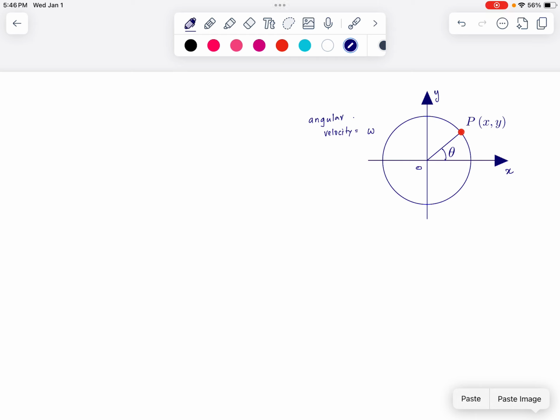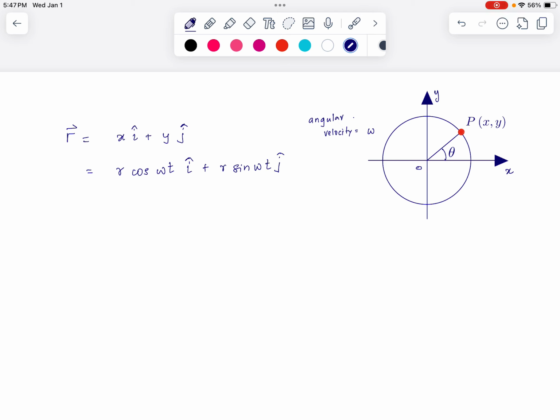So we can use vectorial notation to write the position vector of the point P. The position vector of point P, vector r, is essentially x i hat plus y j hat in vectorial notation, and here x is nothing but r times cosine of omega t, okay, i hat plus r times sine of omega t j hat.